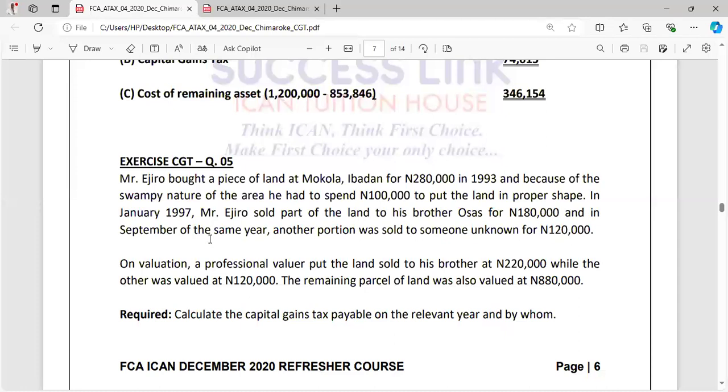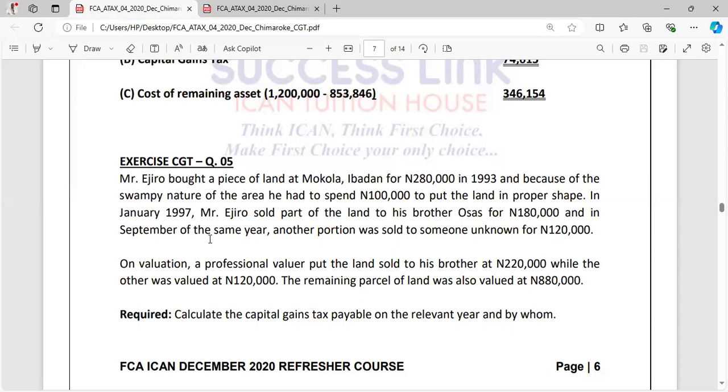Mr. Ejiro sold part of the land to his brother Osas for 180,000. And in September of the same year, another portion was sold to someone unknown for 120.